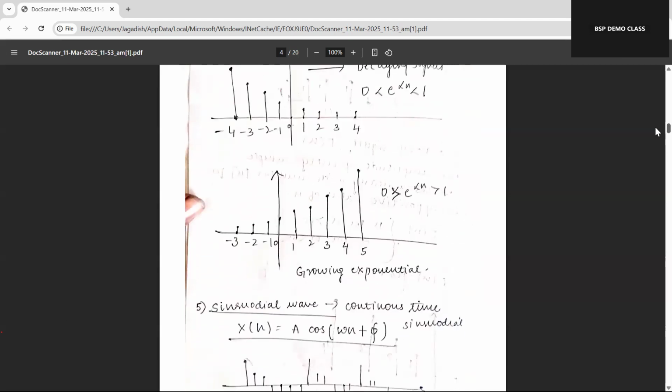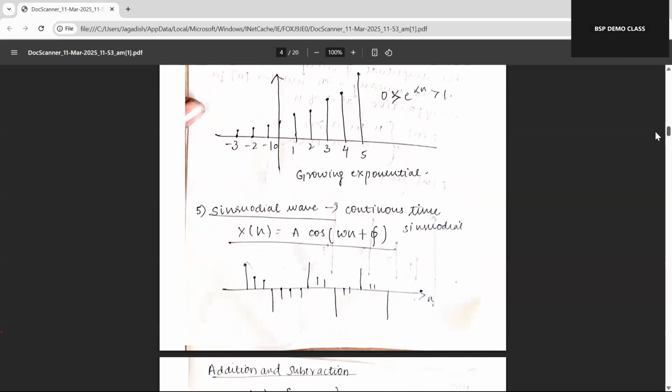Okay, next we will be going with sinusoidal wave. This is how the sine wave looks. It looks like this, right? It will be looking like this, sine wave. That I will be representing with the help of graph, with the help of lines like this. You can draw a sine wave and represent like this.